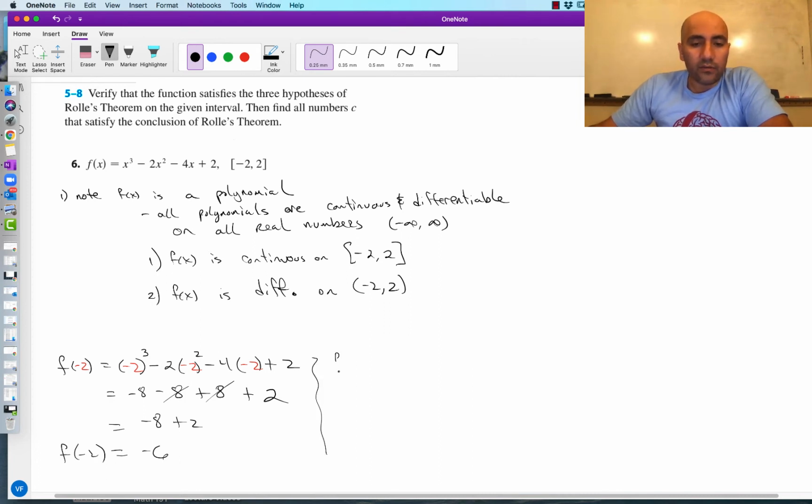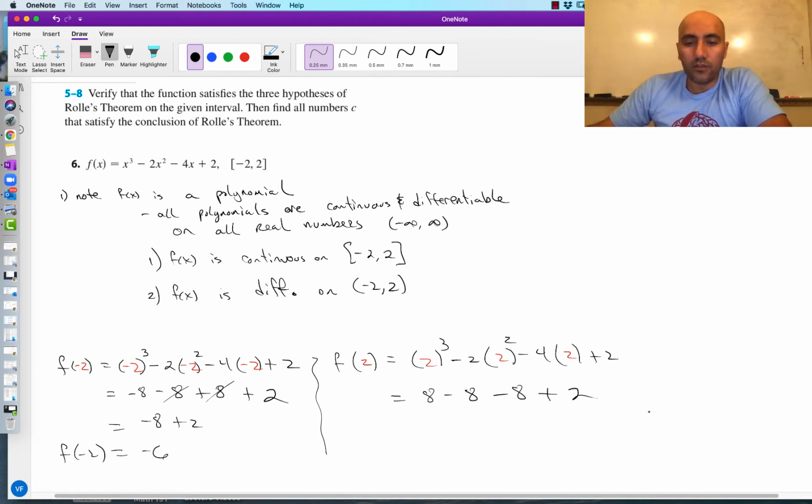Okay, so now we have to check at positive 2. f of blank equals blank cubed minus 2 times blank squared minus 4 times blank plus 2. And so now we're going to test positive 2. Positive 2 there, positive 2 there, positive 2 there. This becomes 8 minus 8 minus 8 plus 2.